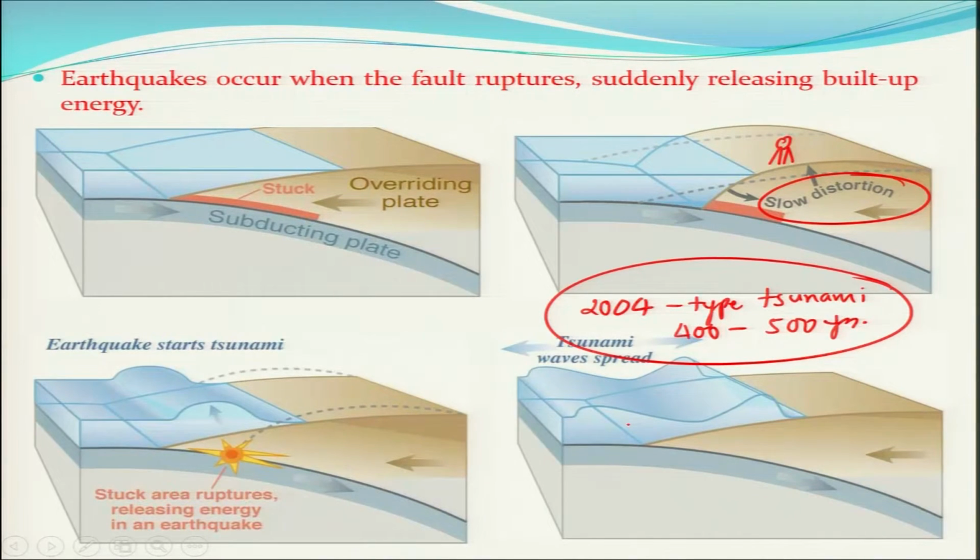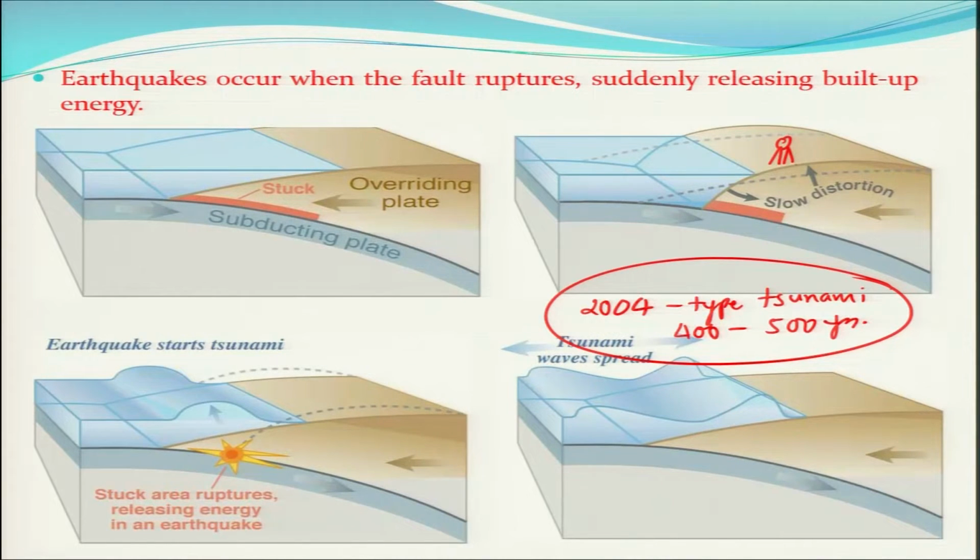This explains the similar pattern we have seen in the movie, that initially the overriding plate and the subducting plate keep on moving, shown by this arrow, but the locked area results in deformation of the overriding plate, and finally when the energy is released, the overriding plate slips, and this portion is shown by the dotted lines here.